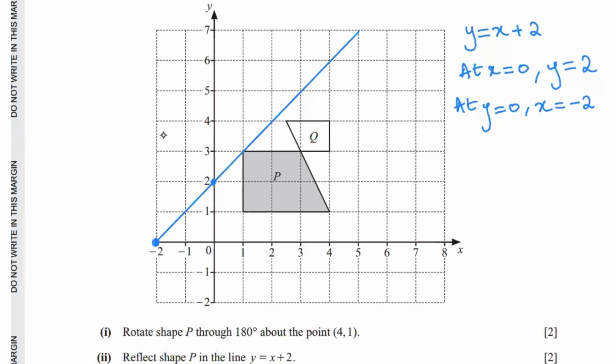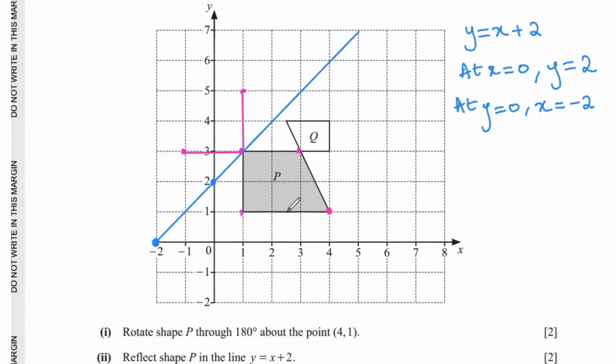So that means this point will stay over here. This point will come over here. This will be over here. This one. And lastly, this. So if we connect these over here, we have this one and we have this one.